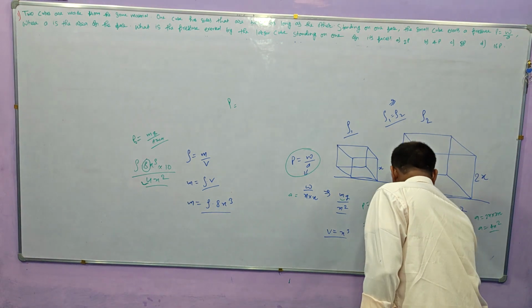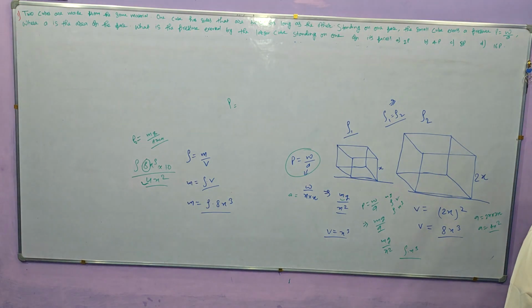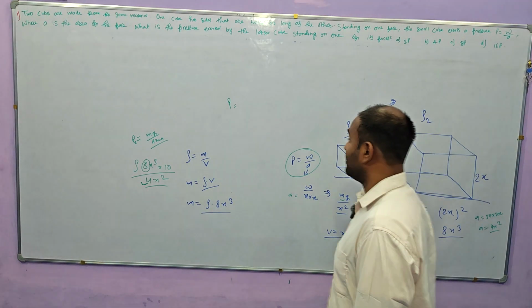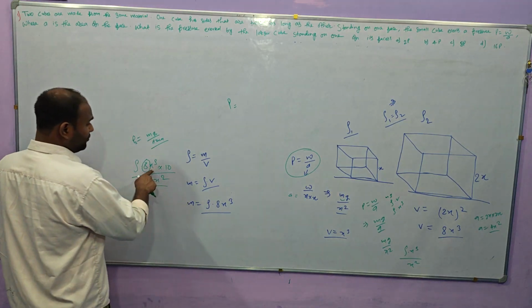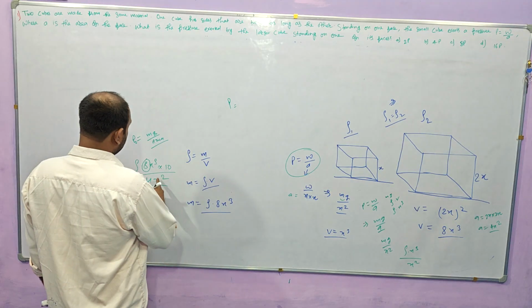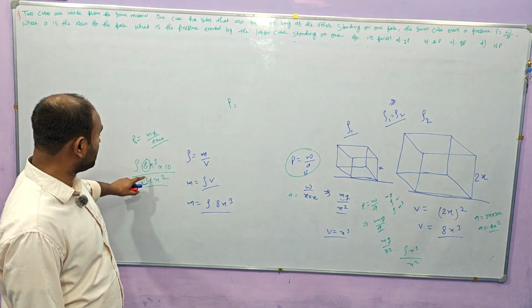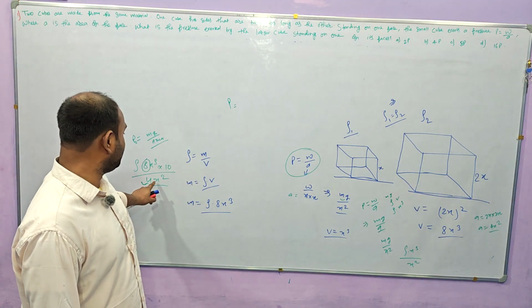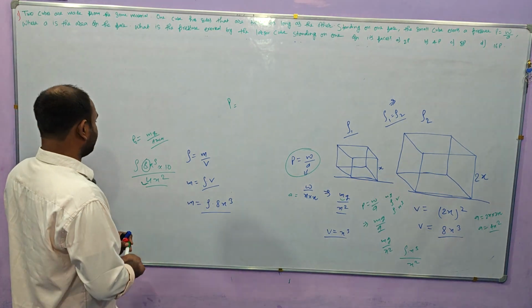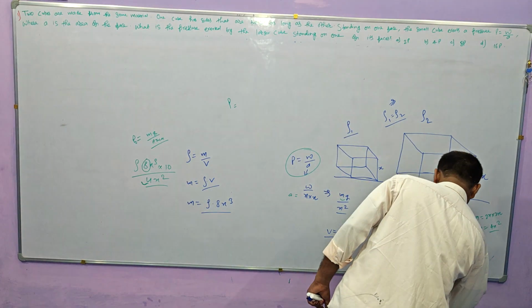So we get rho into x cube upon x square, and here rho into 8 into x cube upon 4x square, and there is also 10 g.